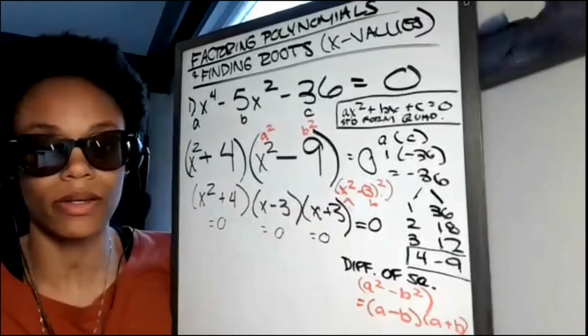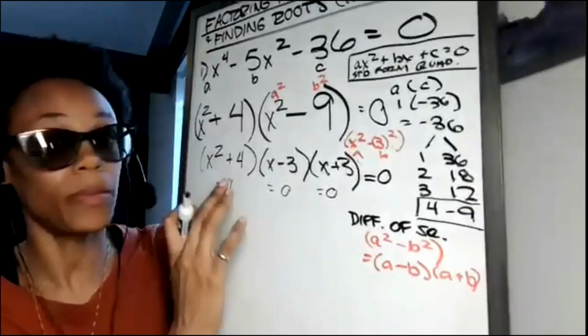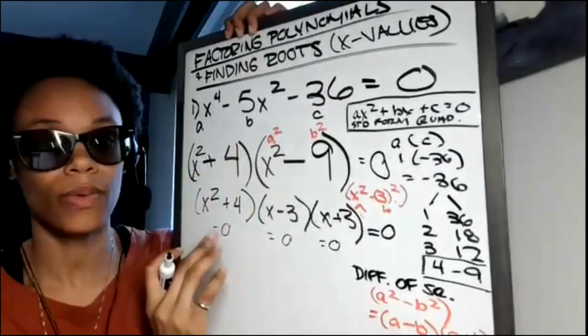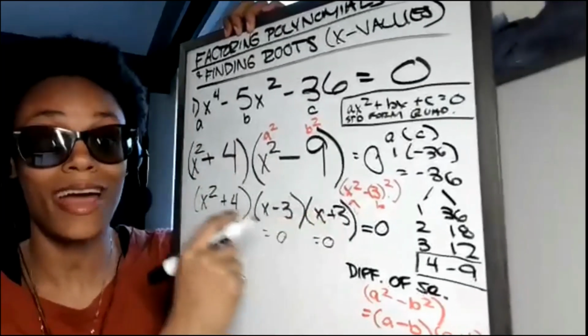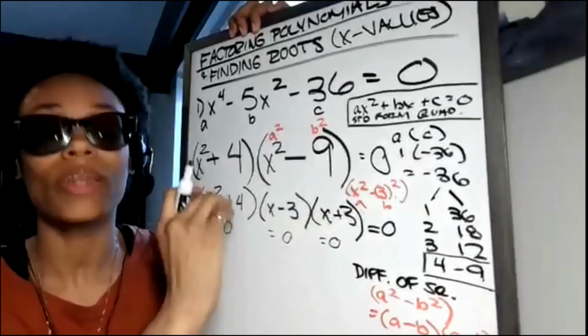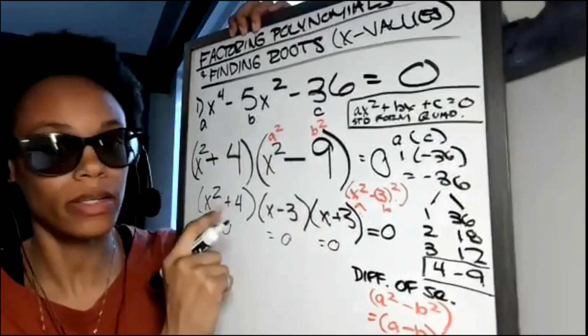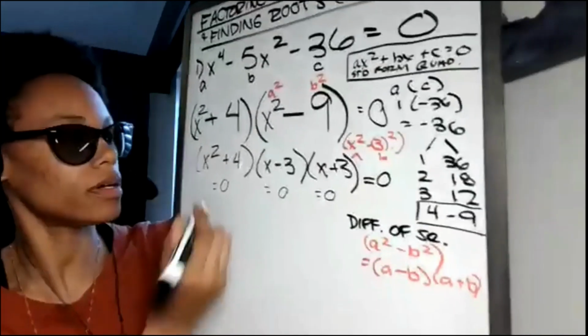That's why we set it equal to 0. So from here, we could do that. Back here, we couldn't do that. That's why we factor it, so we could get it into factors where one factor equaling 0 will make the equation equal 0.